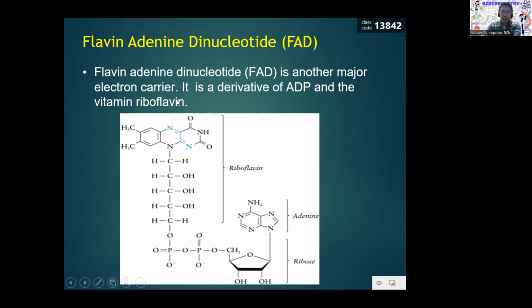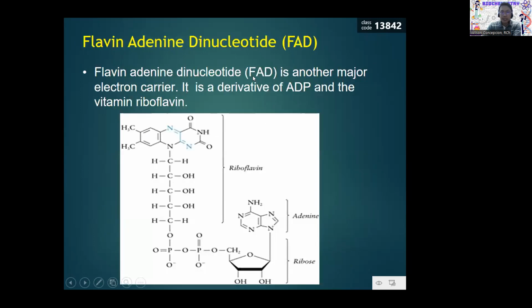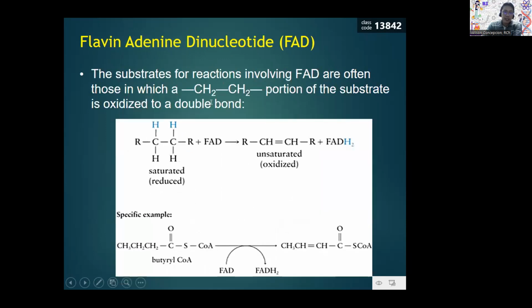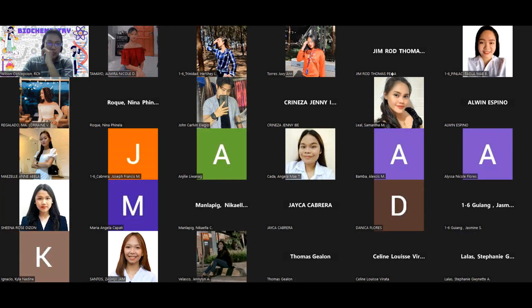So for NAD, it contains vitamin B3. For FAD, it contains vitamin B2. Our coenzyme A contains vitamin B5. So let's just remember that. Let's proceed with our topic for today.